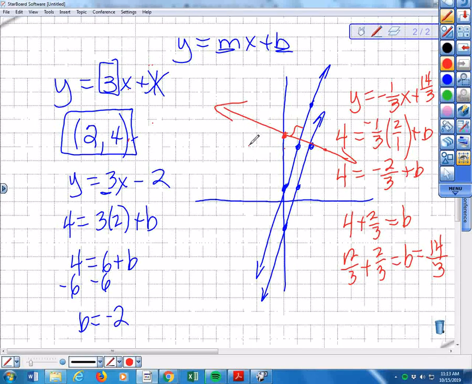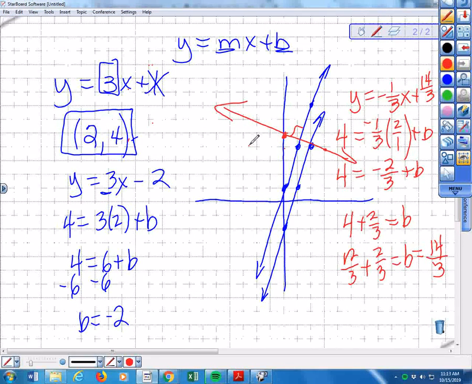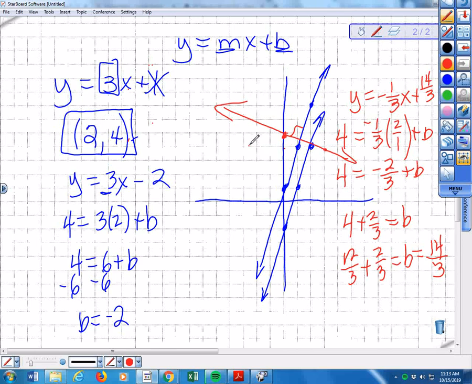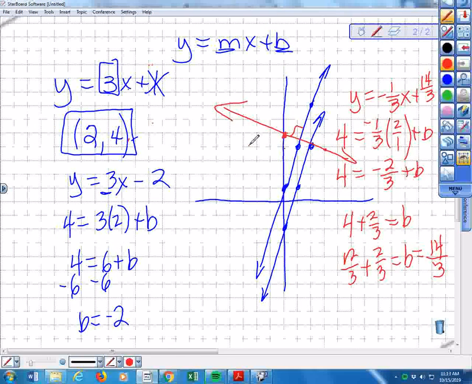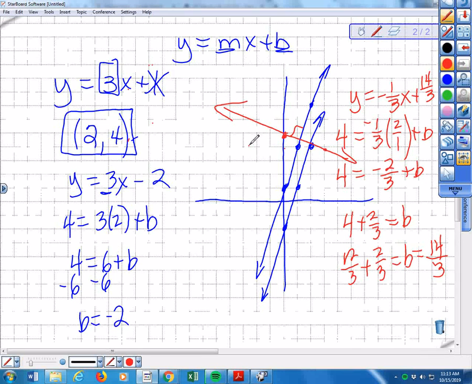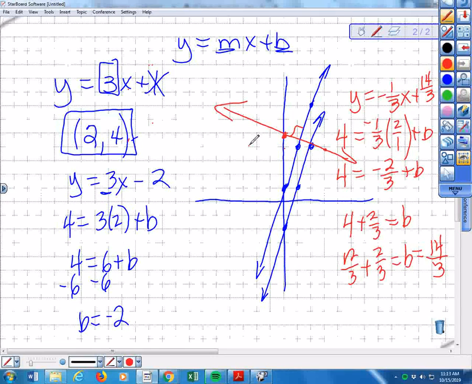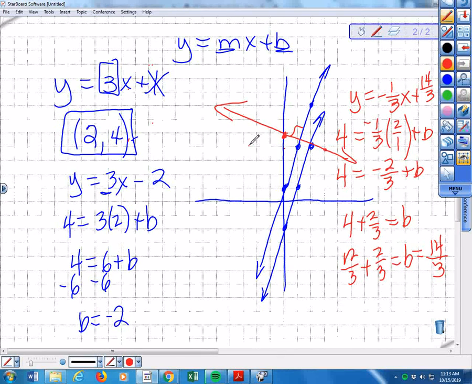It's a little off because it's a fraction, but you get the idea. Okay, that's section 4, how you find the equations of lines that are parallel to other lines and perpendicular to other lines. If you've got individual questions when I finish, I'll come and help you.